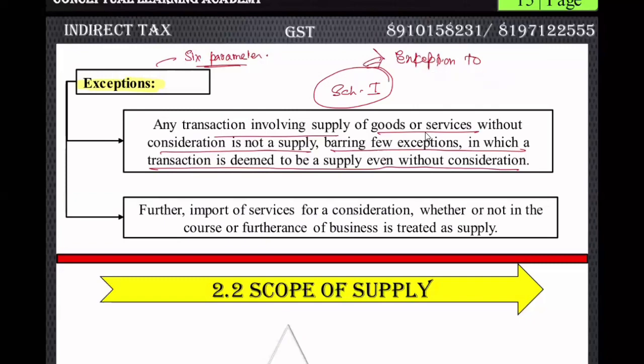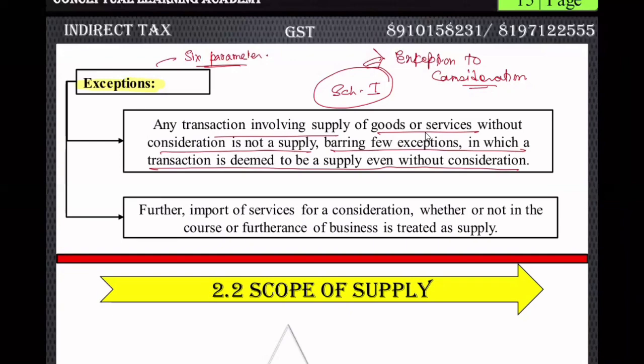What I am writing today? Exception to consideration. Okay, there will be 4 entries which will read that if it is done without consideration, then also it will be termed as supply.